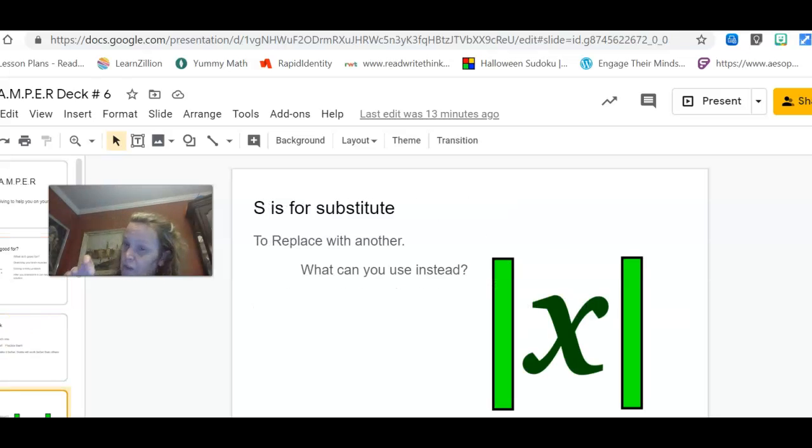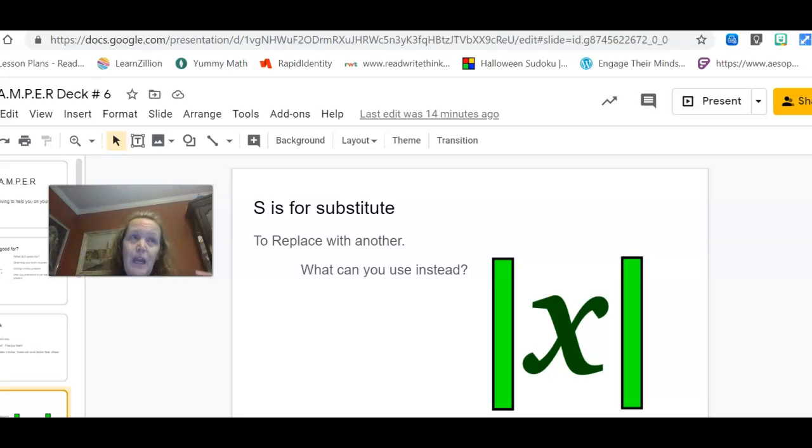As you know, the first letter in Scamper is S. S is for substitute. Let's say you're making something like cooking. This actually happened. I was making zucchini bread. I didn't have enough zucchini, so I had to think, what could I substitute for my zucchini?